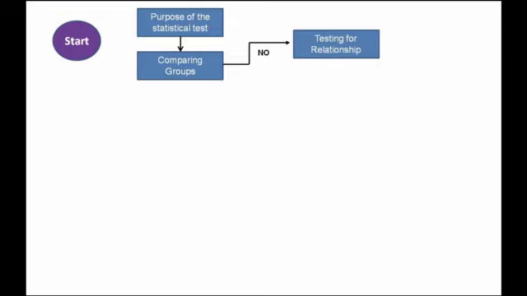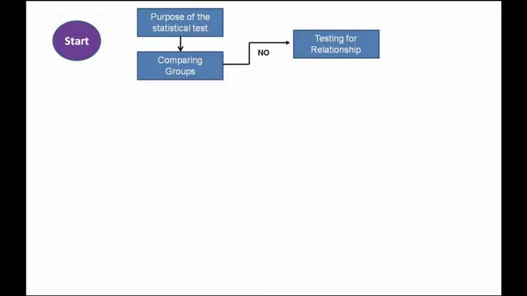Now in these two cases, when we talk about comparison of groups, it implies that we are comparing one group to another group. For example, Section A and Section B. Is the performance of Section A and Section B similar or different?